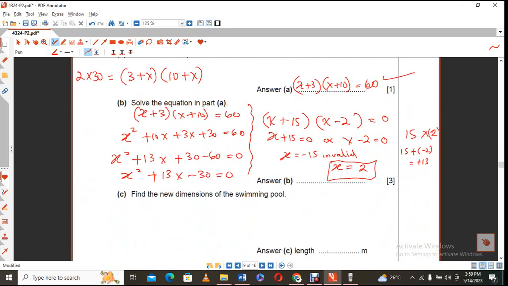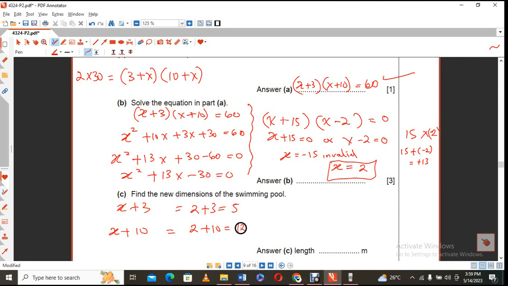Then they're asking you to find the new dimensions. So the new dimensions will be x plus 3, which is 2 plus 3, which gives me 5. And the other one was x plus 10, which is the same as saying 2 plus 10, which is obviously 12.